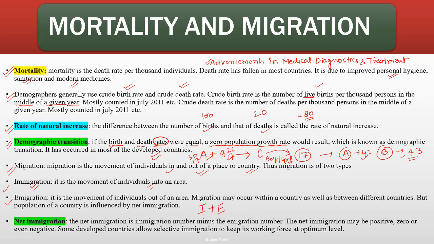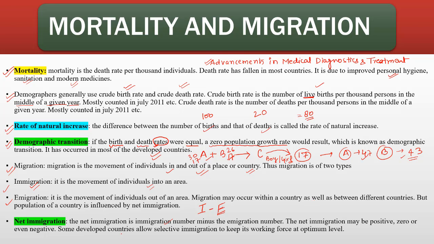Sorry. Net immigration: the number of individuals coming in and the number of individuals going out. So that will give a net immigration. The net immigration may be positive, 0 or even negative. Yeah, it can be positive, it can be 0, it can be negative as well. Okay. If the number of individuals going out are more than number of individuals coming in, then it is negative.